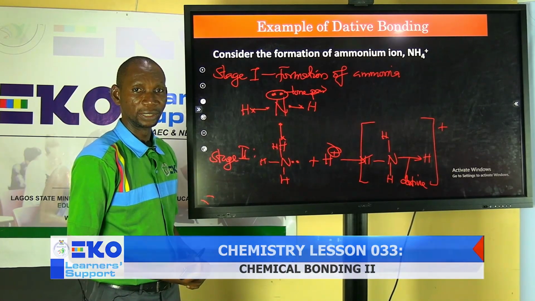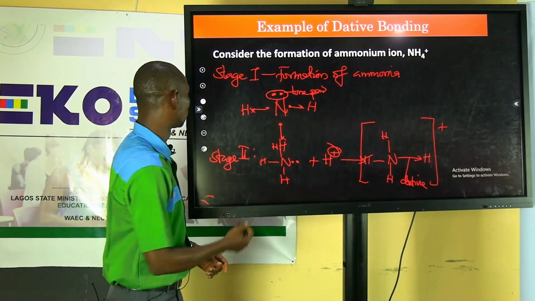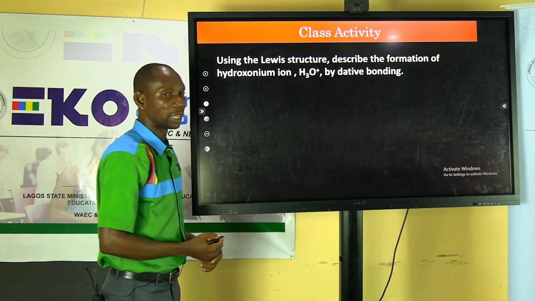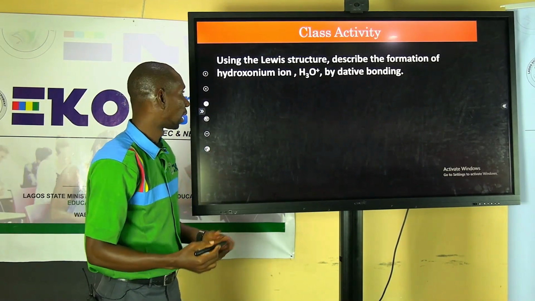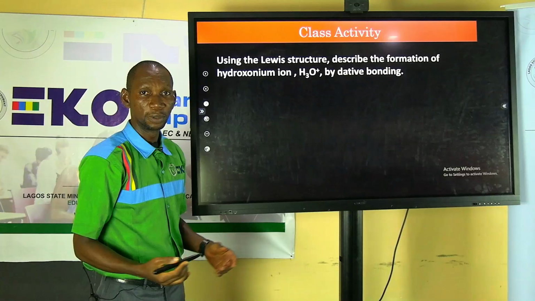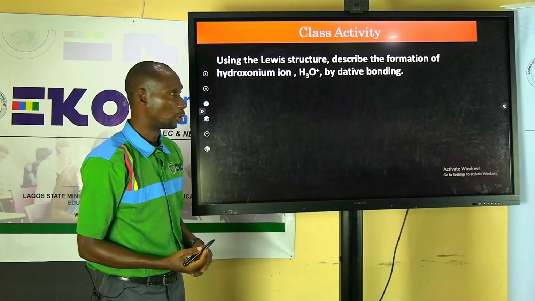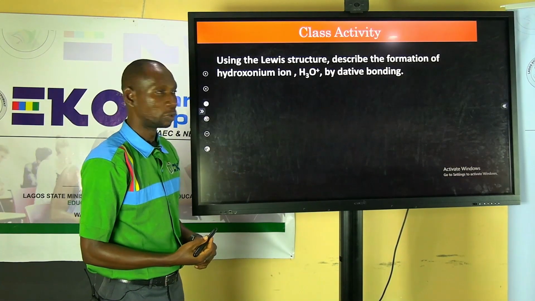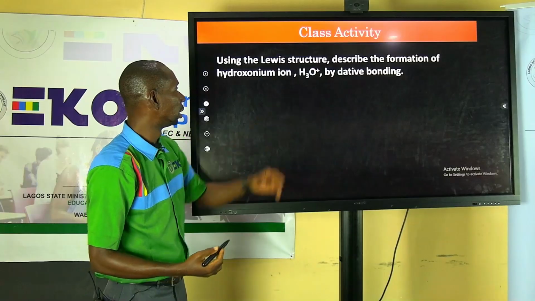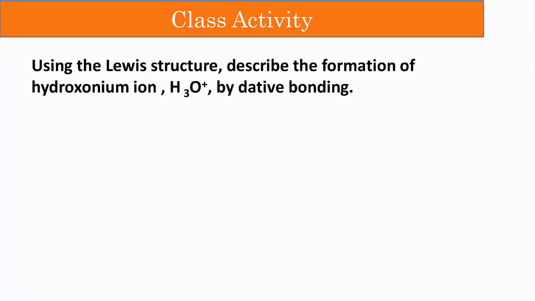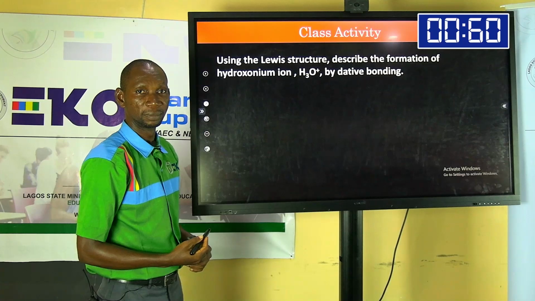Isn't that interesting? I have a task for you to try and replicate what I've just done. I'm giving you about 2 minutes to use the steps that I've used now and show me how the hydronium ion is formed.